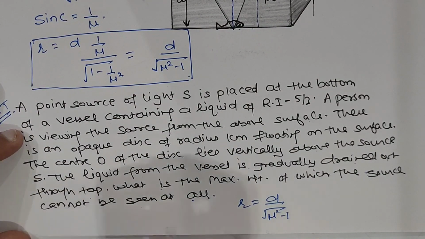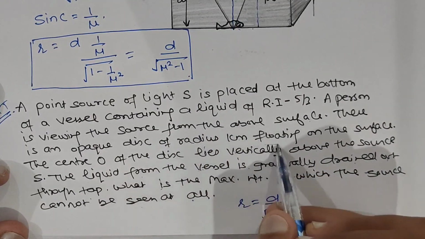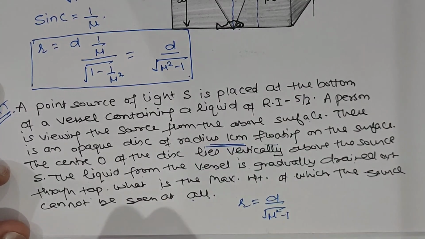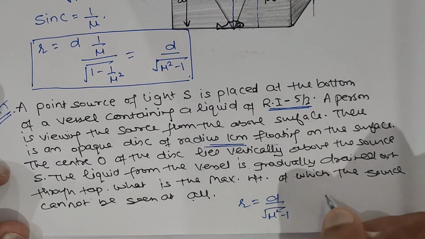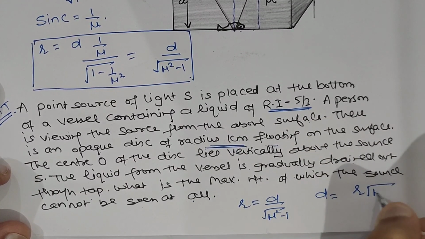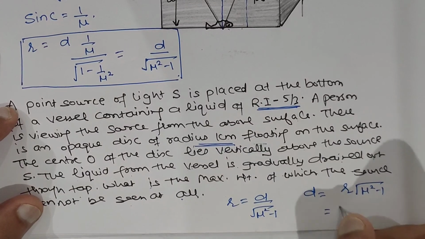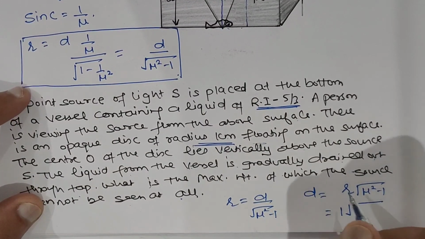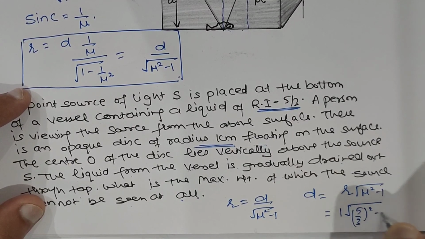Now what is the value of r? Here the value of r is 1 centimeter. The refractive index is 5 by 3, so we have to calculate the value of d. So d must be equivalent to r into under root of mu square minus 1. The value of r is 1 centimeter, and mu is 5 by 3 whole square minus 1.